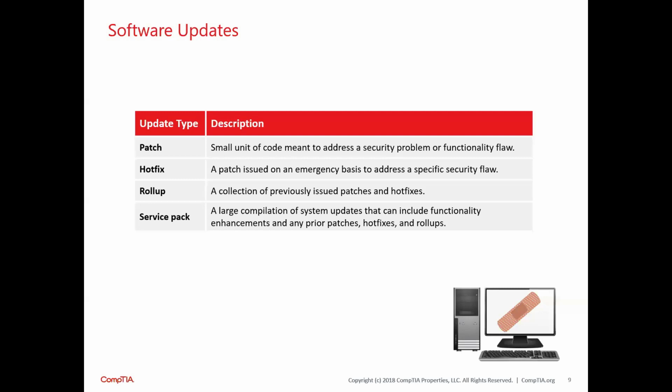So if there's a security flaw, for example, if Windows SMB has a flaw, then you need to apply a hotfix rather than the patch. Anyway, a hotfix is also a patch, just not the entire patch. Then we have the rollup, a collection of previously issued patches and hotfixes, as well as the service pack, which is a large compilation of system updates that can include functionality enhancements and any prior patches, hotfixes, and rollups.